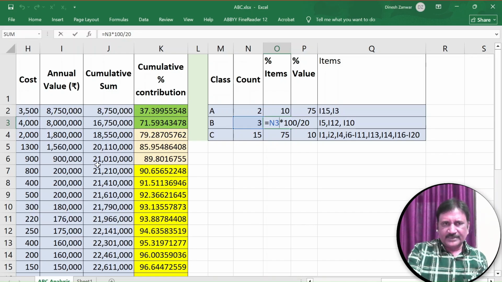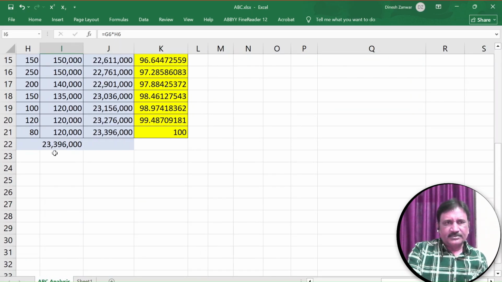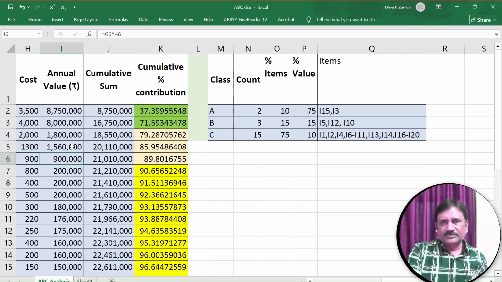Summing the cost of these three items, about 21 lakh 10,000, divided by 233 lakh 96,000 will approximately get you 15%.